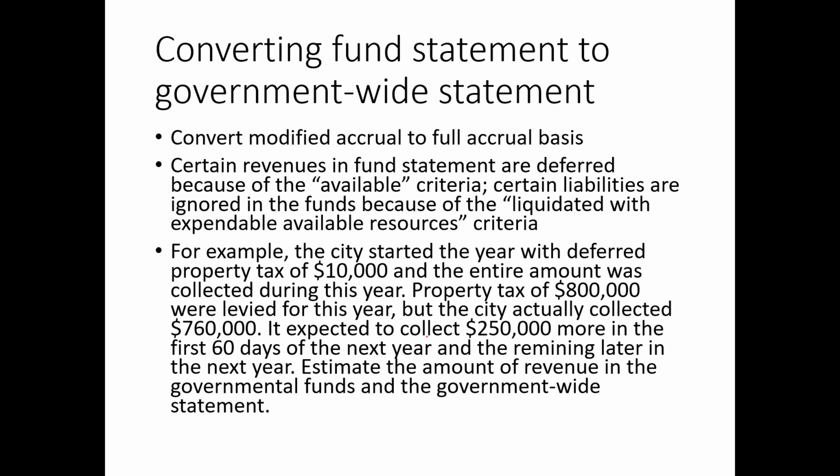It expects to collect 250,000 more in the first 60 days of the next year, and the remaining later in the next year. Estimate the amount of revenues in the governmental fund and the government-wide statement. So let's see what those revenues are.